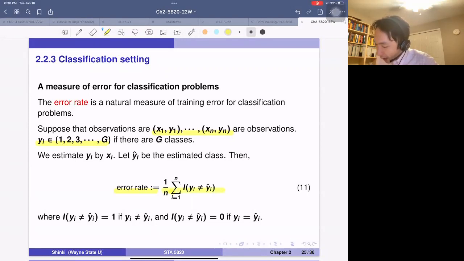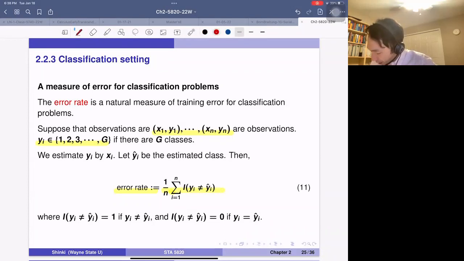So yi and yi hat are different for some observations, and we take the sample average over all observations.